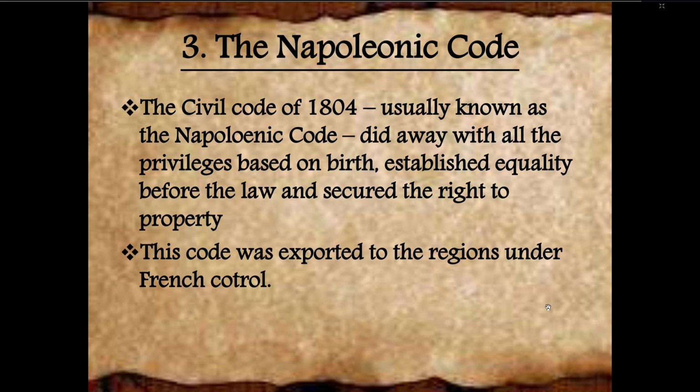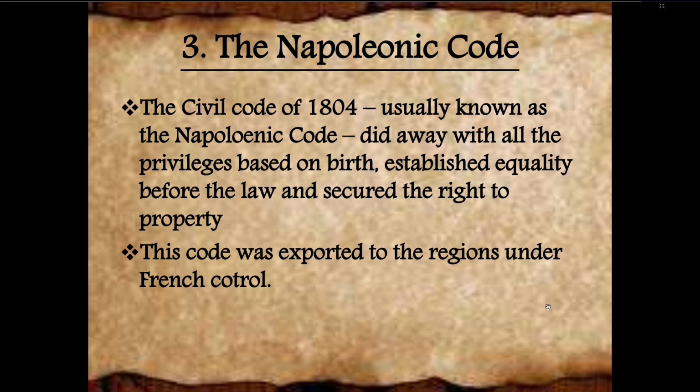किसने? नेपोलियन ने. एंड अकॉर्डिंग टू विच code and which law? According to the Civil Code of 1804, and Civil Code is also known as Napoleonic Code, right students? Next, this code was exported to the regions under French control.